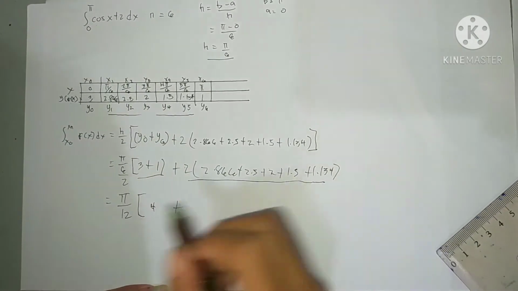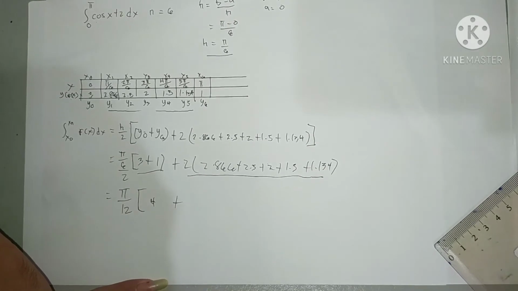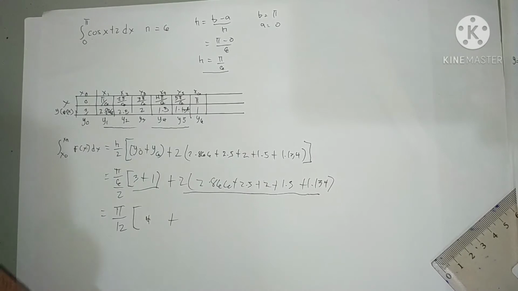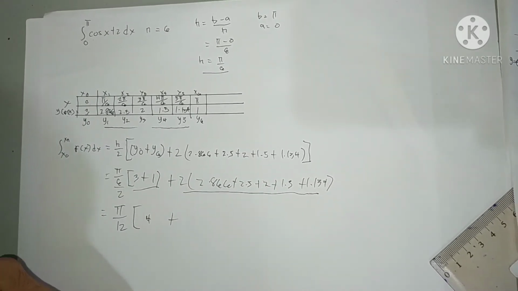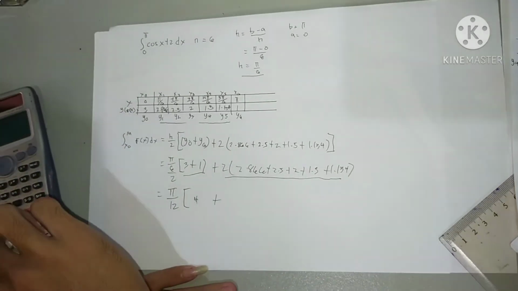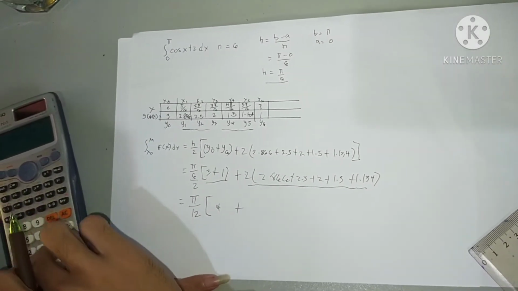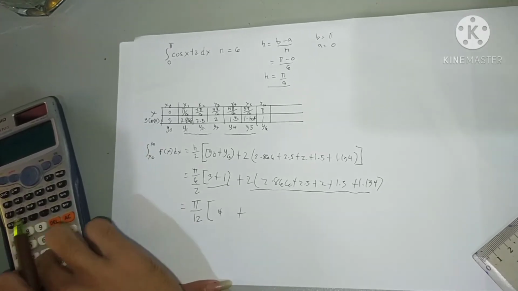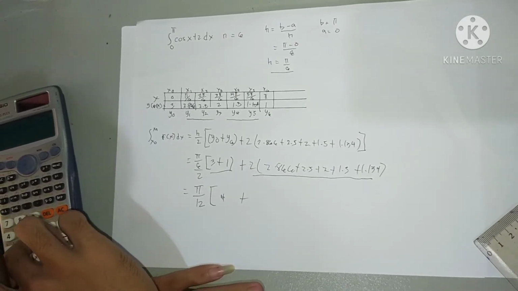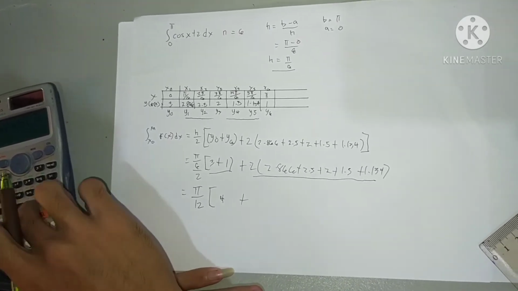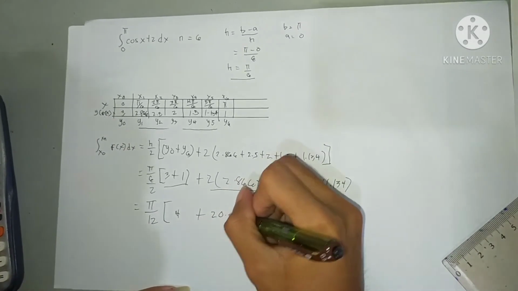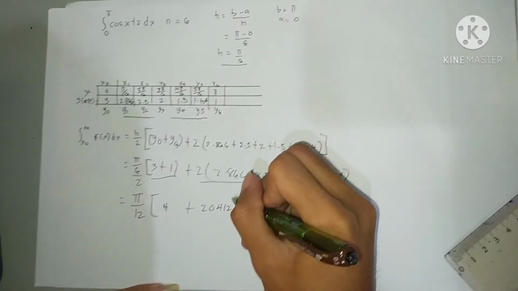we have 2 times 2.866 plus 2.5 plus 2 plus 1.5 plus 1.134 equals 20.412.